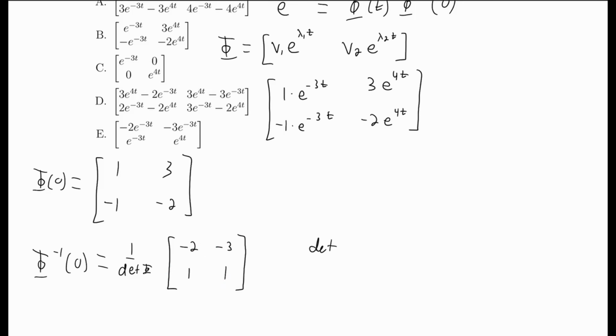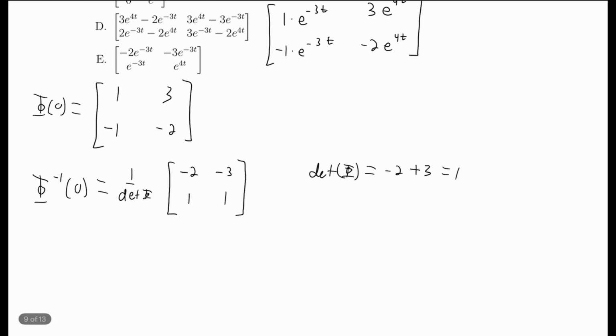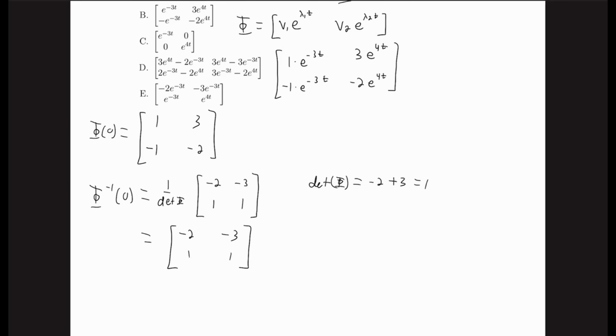I'll write that here, det of Φ is equal to negative 2 minus negative 3, so it's just equal to 1. So this determinant doesn't actually change anything. We're just dividing everything by 1, so it stays negative 2, negative 3, 1, 1.